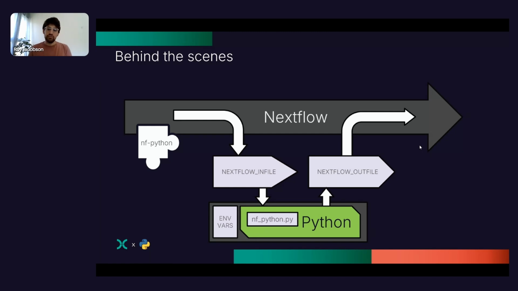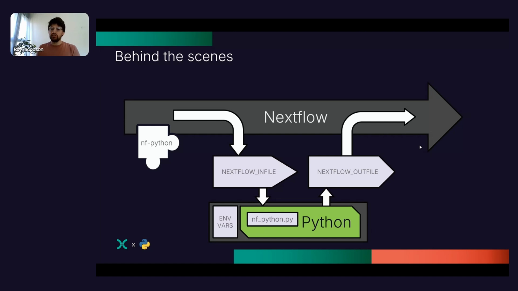Then the NFPython plugin deserializes whatever is in that file when the process ends back into the Nextflow context. Basically it's doing all those 4 steps of translating objects back and forth for you over some custom JSON-based format. So the design might be a bit complicated, but in the end you get a very simple interface.